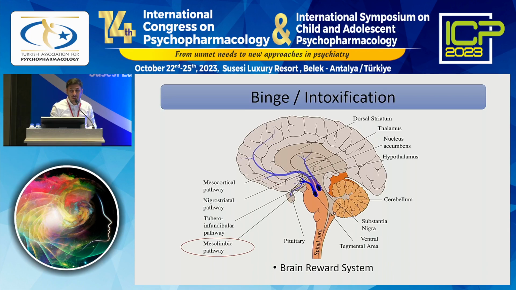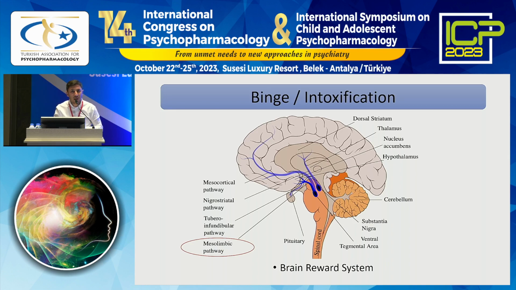Going phase by phase, we need to look into the neurobiological background. Firstly, in the intoxication after acute use of drugs, we look into the mesolimbic dopamine pathway that will be activated in the initial phase as a part of the brain reward system, because you know that there are four different pathways, including the mesolimbic pathway.